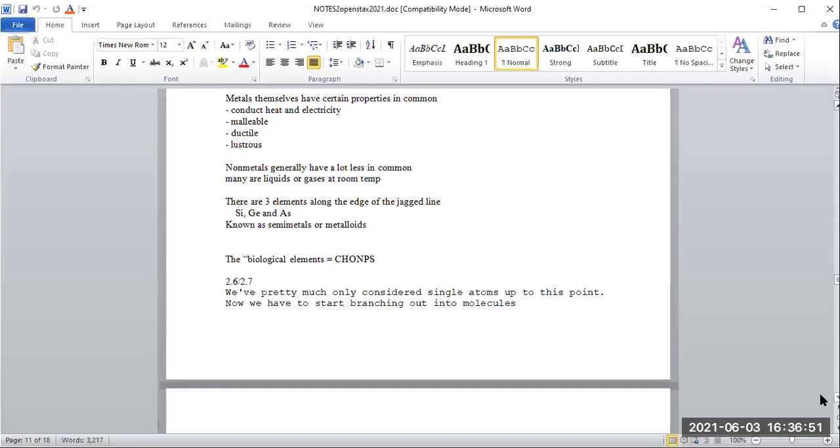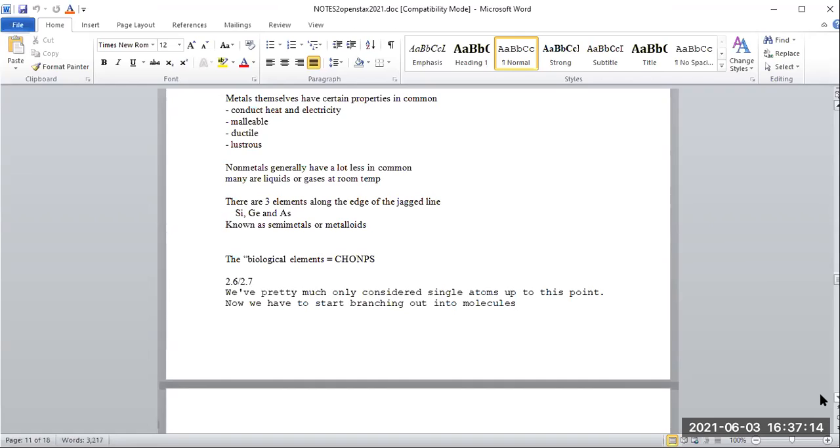Now, one of the things you may run across, there are some other textbooks that will claim you should throw boron in with the semi-metals. There are a few textbooks that will claim you should throw antimony in along with the semi-metals. I am sticking with the ones that aren't up for debate.